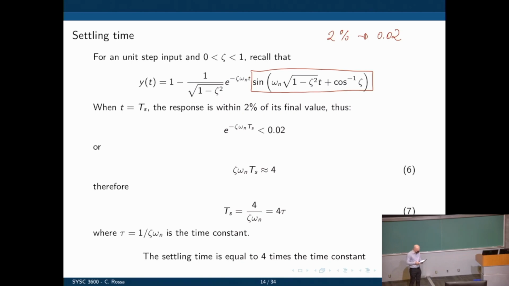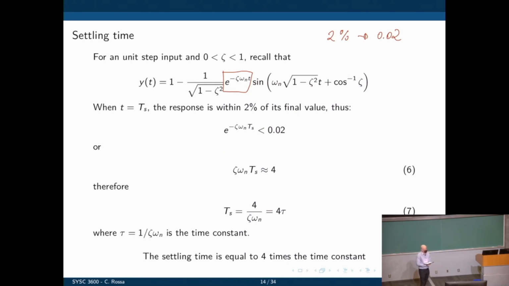So what is controlling the magnitude of the output is not the sinusoidal part, and not that 1. What is changing the transient is actually the exponential part.